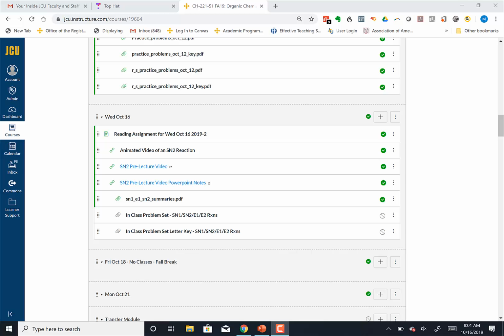Example problem of what? SN2 example problem.